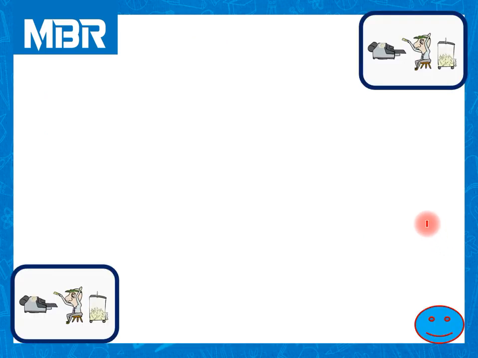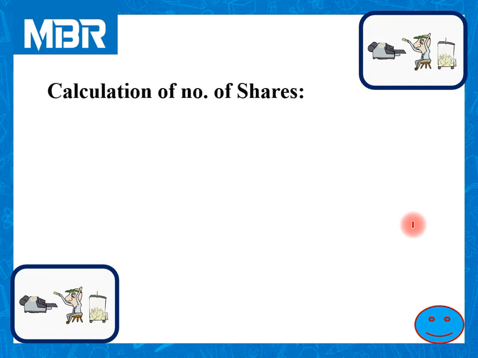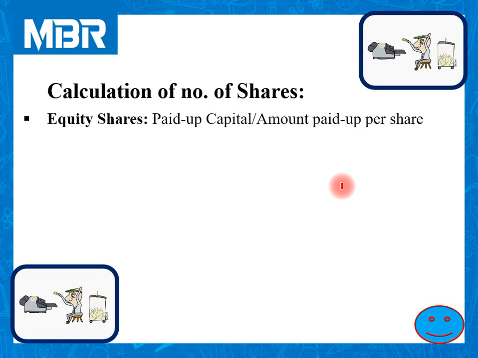Then the second and most important transaction is related to calculation of number of shares, because in our question the examiner has not given the numbers of shares for equity and preference. So let us calculate the number of equity shares. It's very simple: paid up capital divided by amount paid up per share.